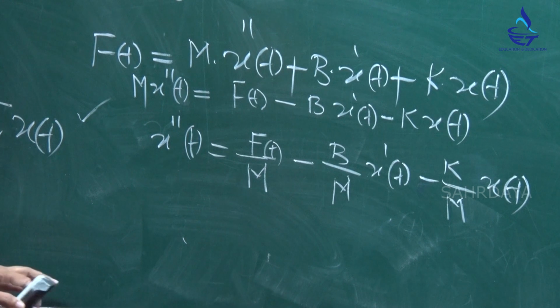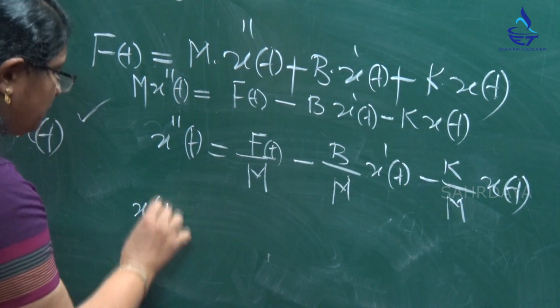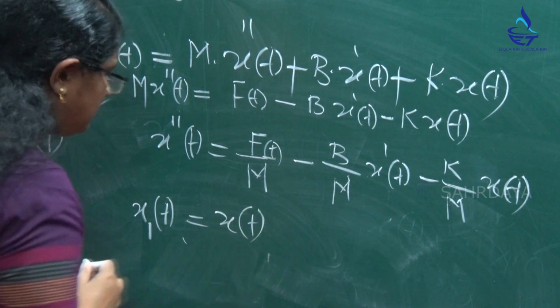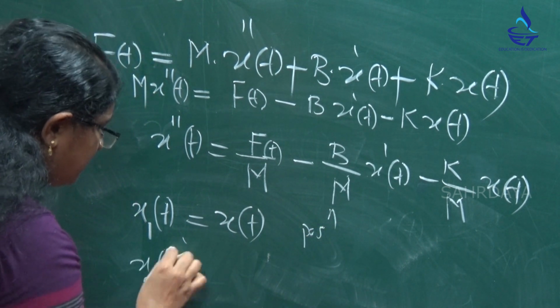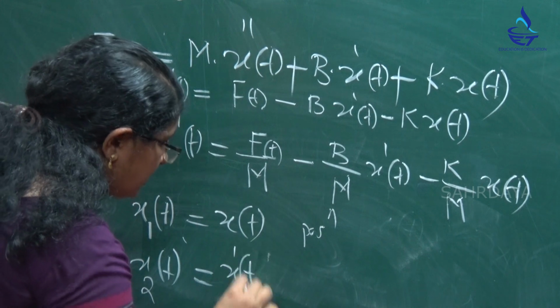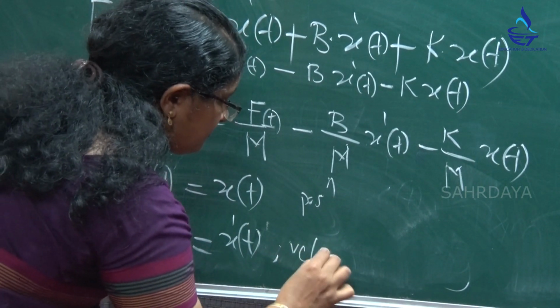And I have already assumed my state variables: x1 of t is equal to x of t, the position, and x2 of t is equal to x dash of t, the velocity.